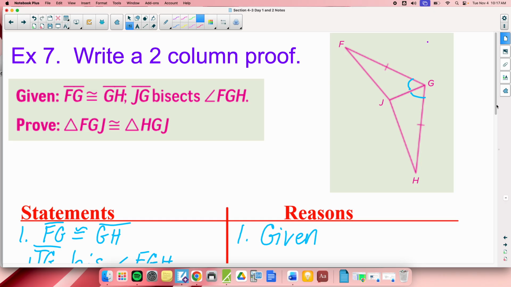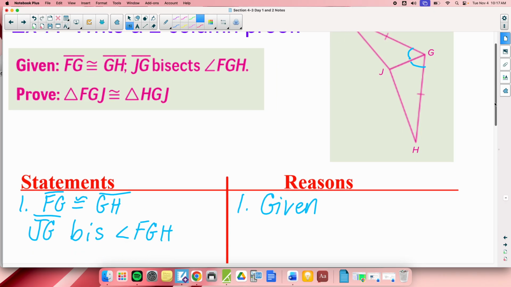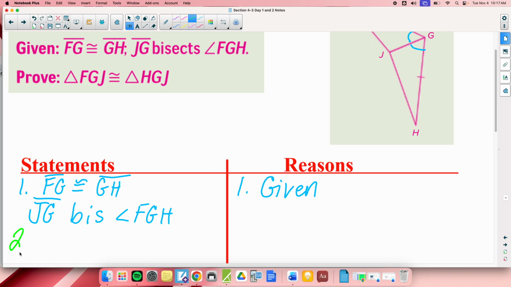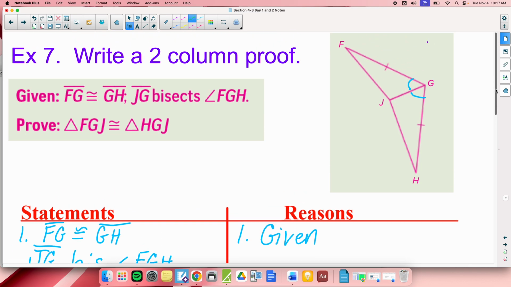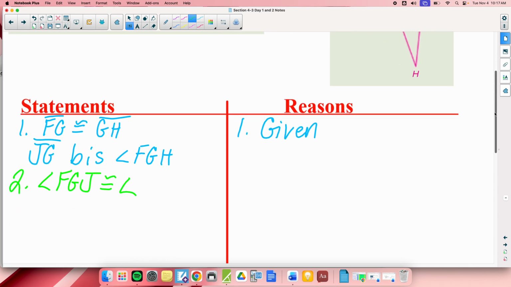So we're gonna come down and we're gonna say angle FGJ is congruent to angle HGJ, and the reason is definition of angle bisector. So we have a definition of angle bisector, and we have a definition of segment bisector.